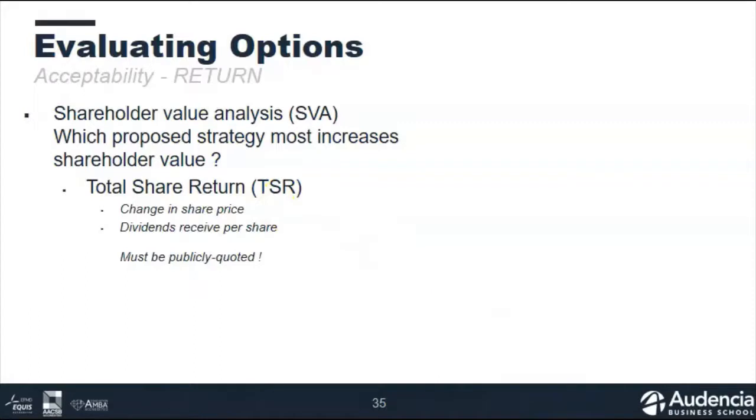To do the total share return, we're going to look at the change in the share price, the stock share. We're going to obviously add in any dividends that the shareholder would have received, and we'll calculate the total return vis-a-vis the price of the stock. Now, the difficulty with doing TSR is that the company must be quoted on the market to get to these numbers.